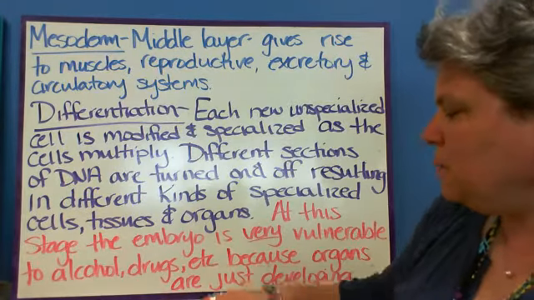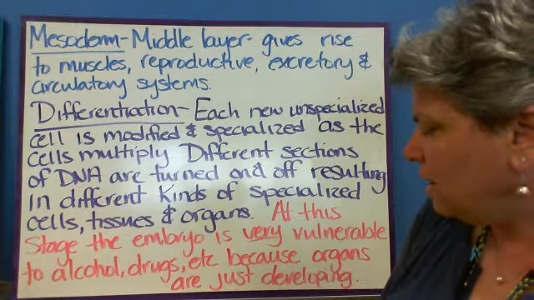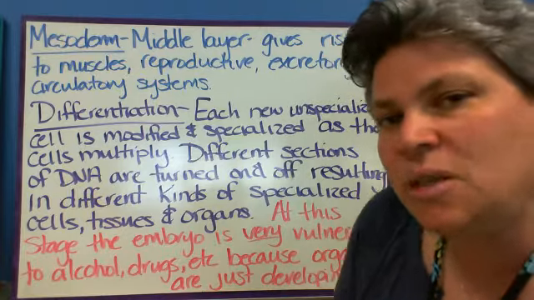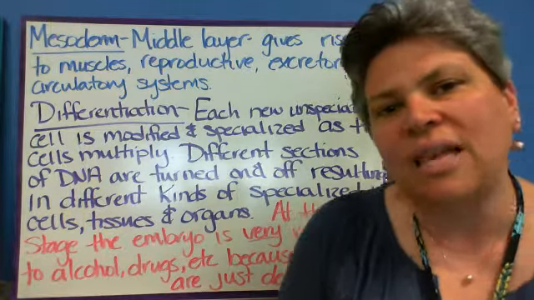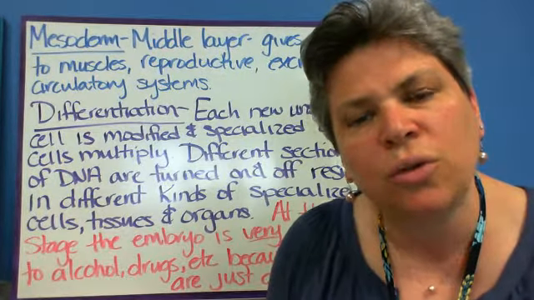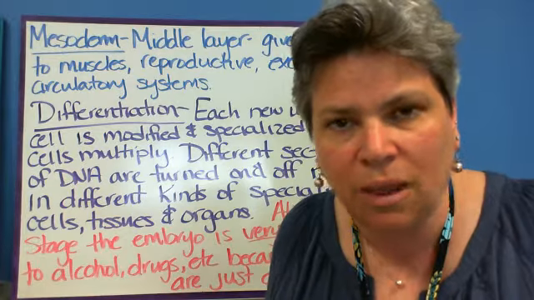At this stage, the embryo is very vulnerable to alcohol and drugs because organs are just starting to develop. This is the point along the way where things haven't really been told what to do yet. The cells are so new, so fresh, they're just getting started to become whatever they're going to become.